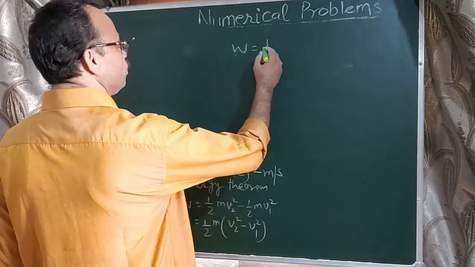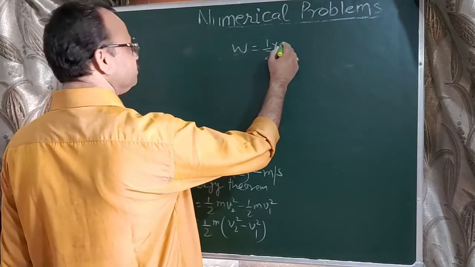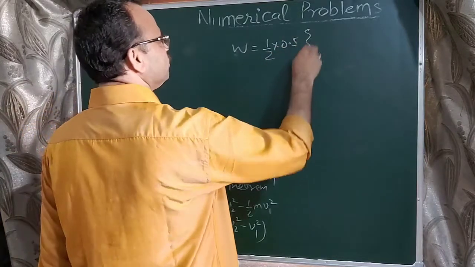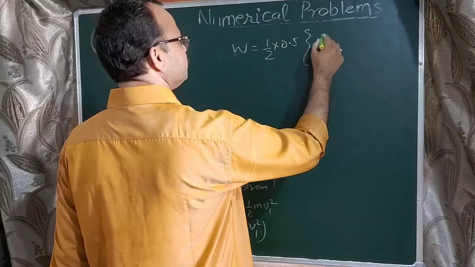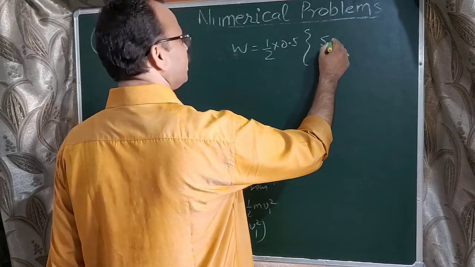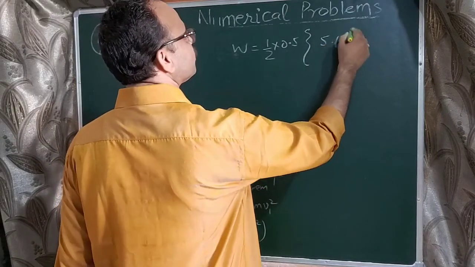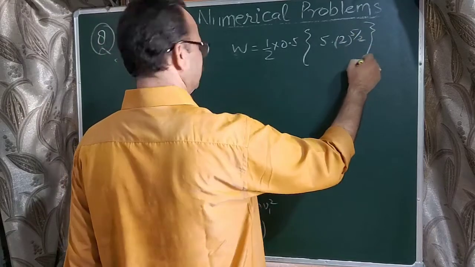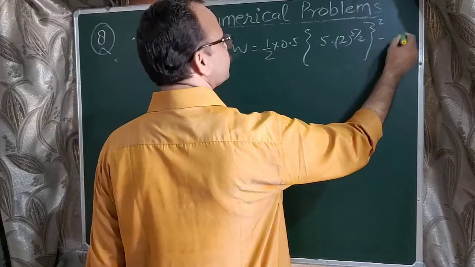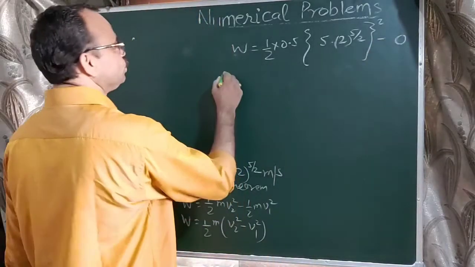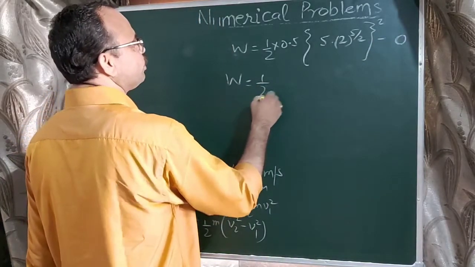W equals 1 upon 2, value of m 0.5, into 5 into 2 raised to power 5 by 2, square, minus 0. Okay, so W equals 1 upon 2.